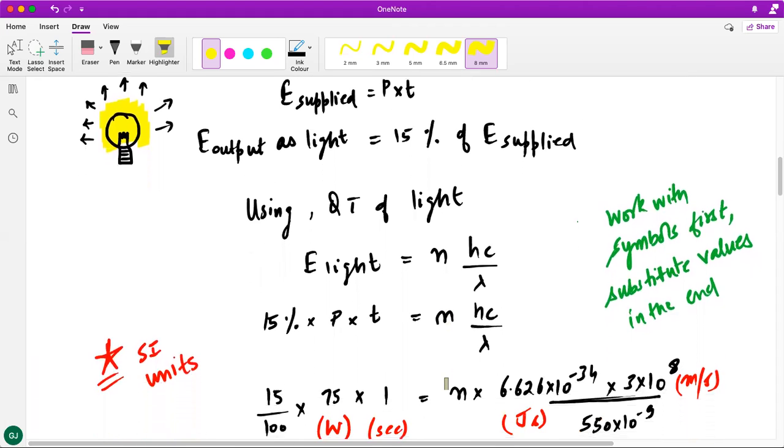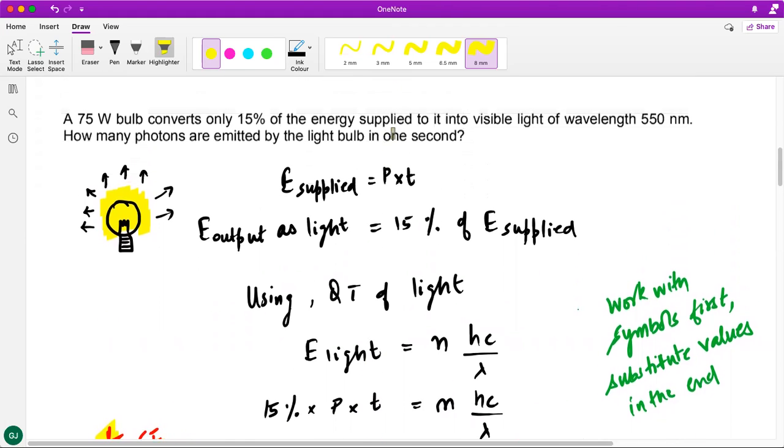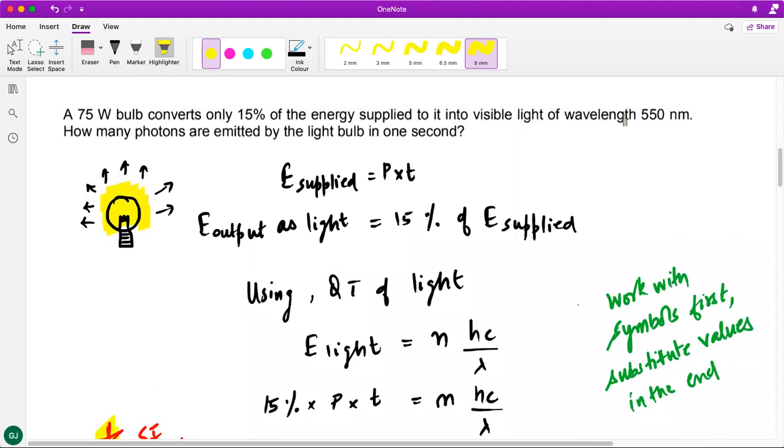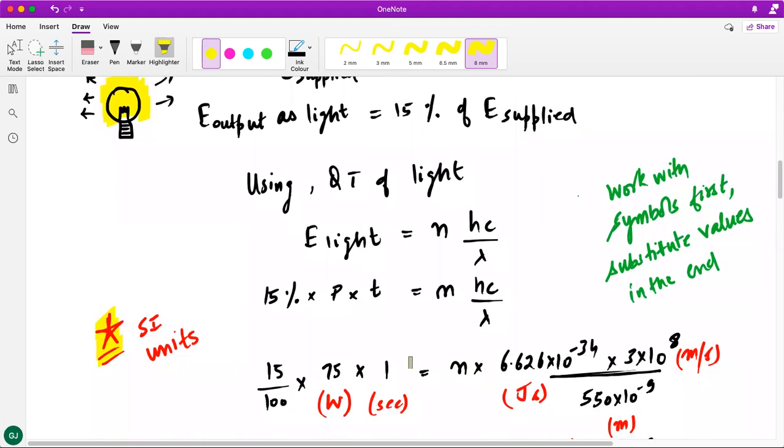Now, while substituting values, as you can see, it is extremely important to take care of units. This is again quite important. Sometimes the data given in the question is in SI units, but sometimes it is not. So while substituting the values, you have to follow a consistent set of units so that you get the correct answer.